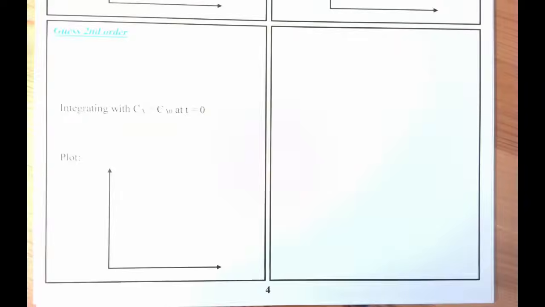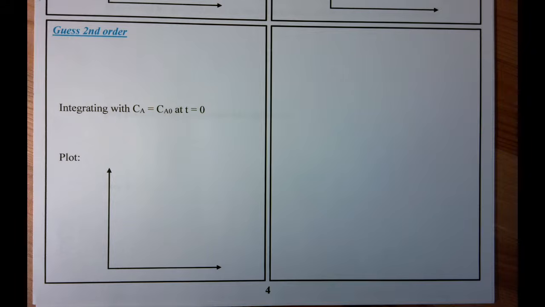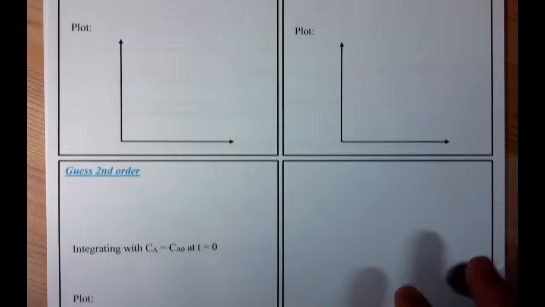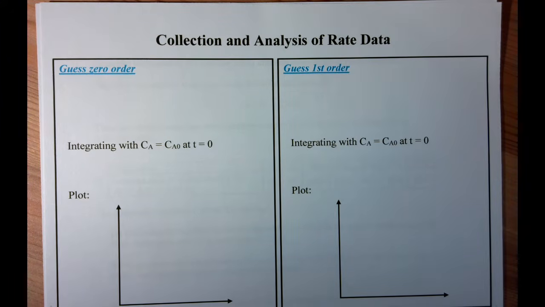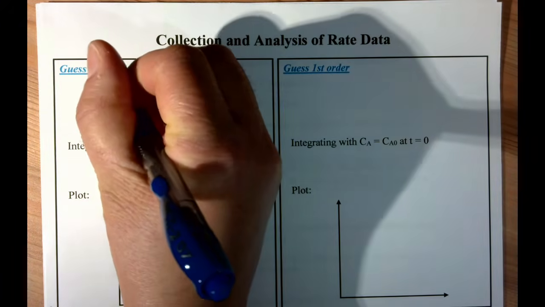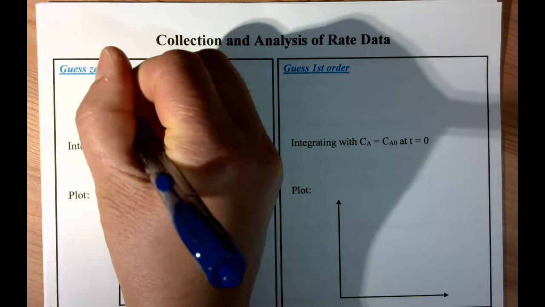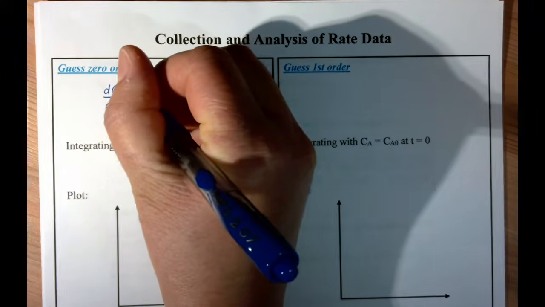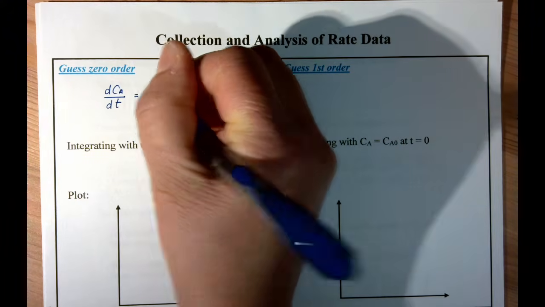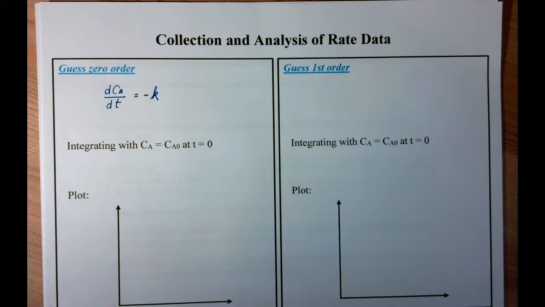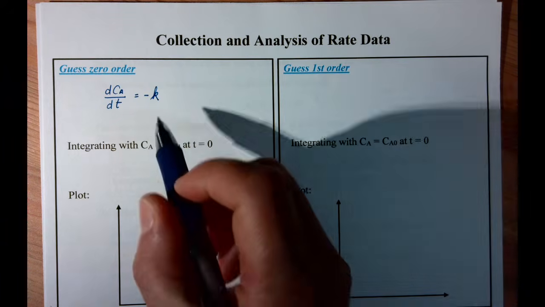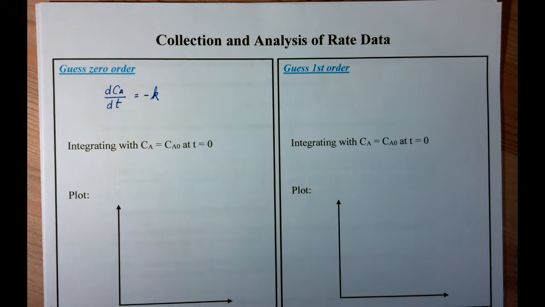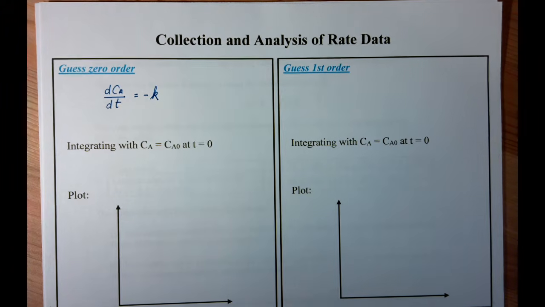Let's assume that the reaction is zero order. If our first guess is that the reaction is zero order, then dCA/dt would be equal to minus k, because it would be minus k times CA to the power of alpha, but if alpha is 0, CA to the power of 0 would be 1, so dCA/dt would be equal to negative k.